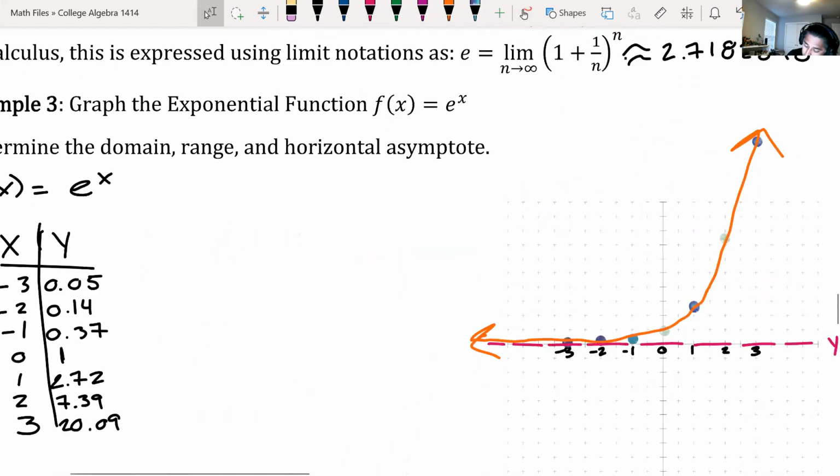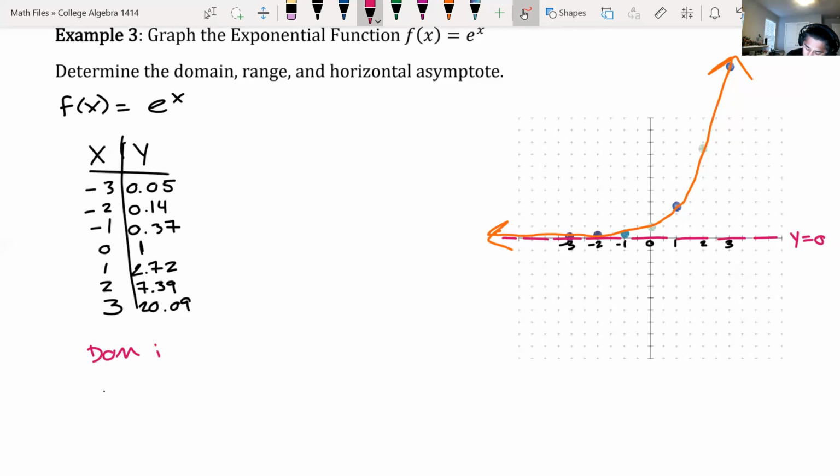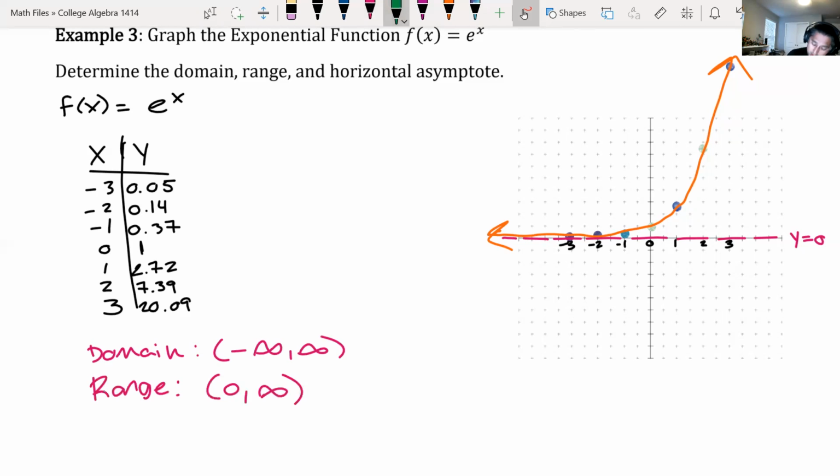Everything's kind of the same. So our domain is still negative infinity to infinity. My range is still 0 to infinity. And now my horizontal asymptote is still y equals 0.